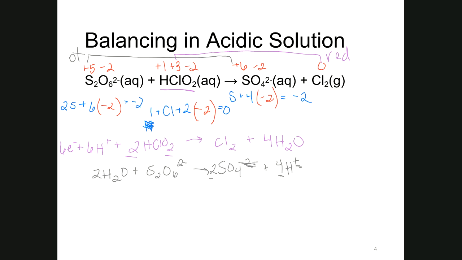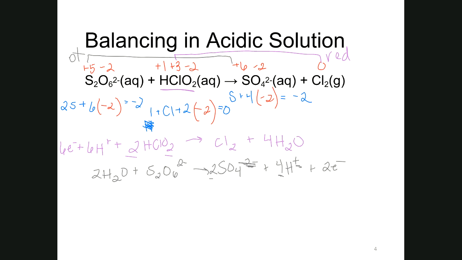So the -4 and the +4 cancel out, and so we have a 0 charge on the right side. We have a -2 on the left, 0 on the right, so that means that we need to add 2 electrons to the right side, and now both sides have a -2 charge.